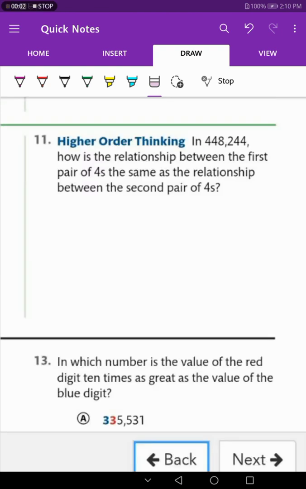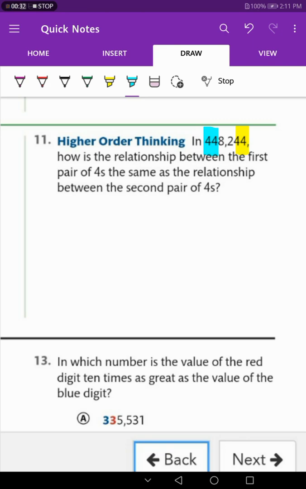Higher order thinking. In 448,244, how is the relationship between the first pair of fours the same as the relationship between the second pair of fours? Can you answer, Yaman? Yes.